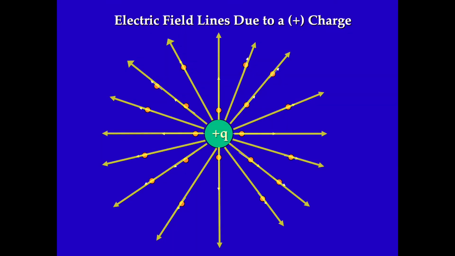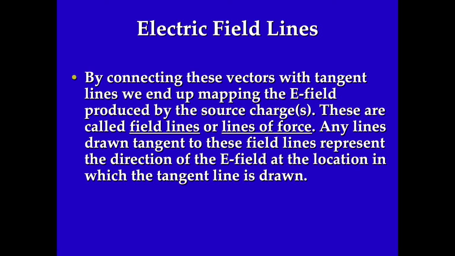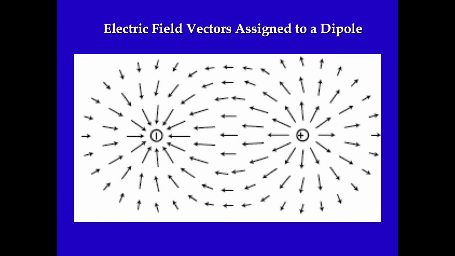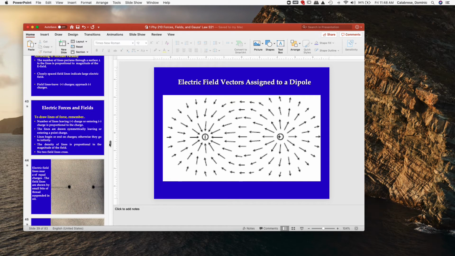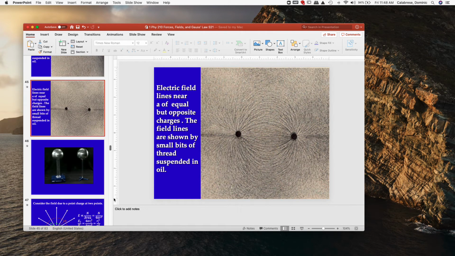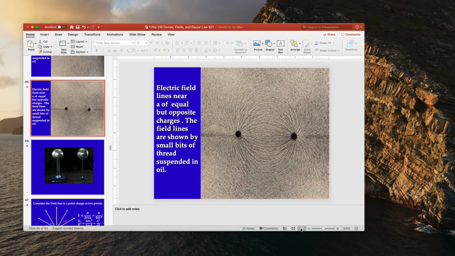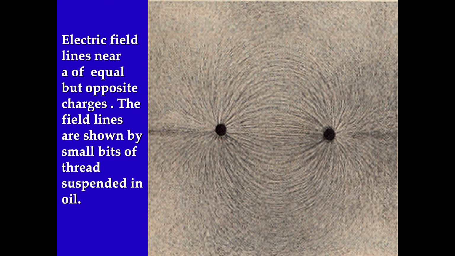With all my stuff running, my computer's slow. Okay, so all you see is that these vectors are connected by a line. You draw lines tangent to these vectors, and you connect them. And that's what the field lines show in that figure. Down here. Okay, so this is the dipole. The field lines due to a dipole.